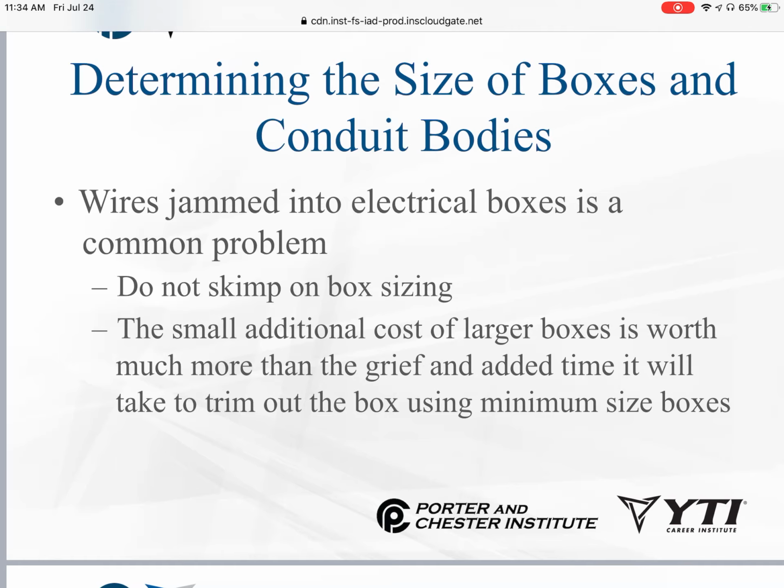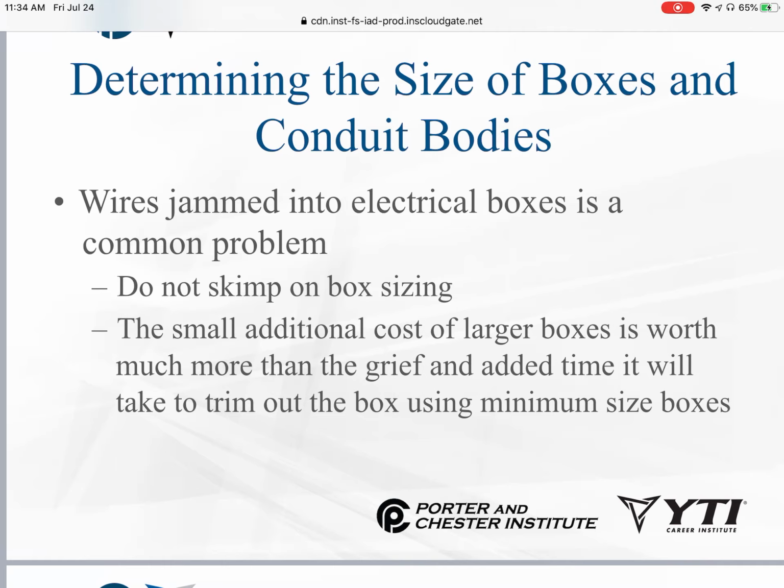It'll tell us how many cables we can get in, and so forth. However, we would have to, again, refer to the NEC for this information for sizing boxes. Article 314, I believe it is, we'd have to go to for box sizing.